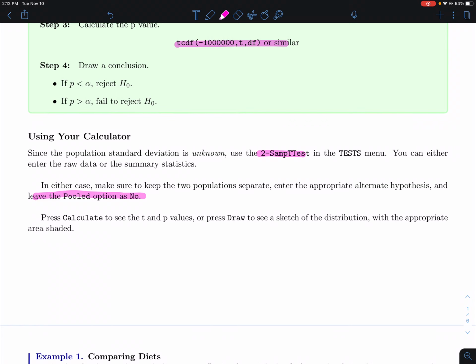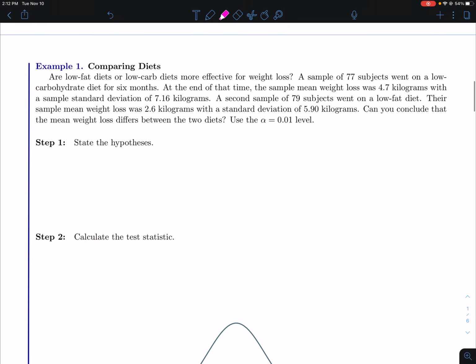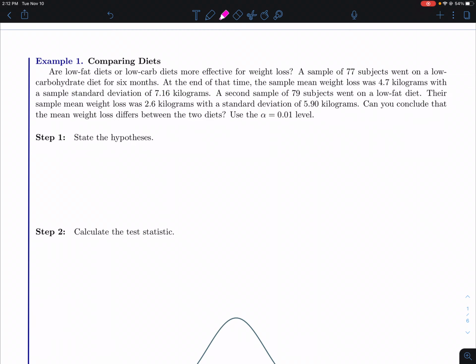So let's look at an example and see how badly I butcher this or if I can actually pull it off. We're comparing diets. Are low fat diets or low carb diets more effective for weight loss? A sample of 77 subjects went on a low carb diet for 6 months.